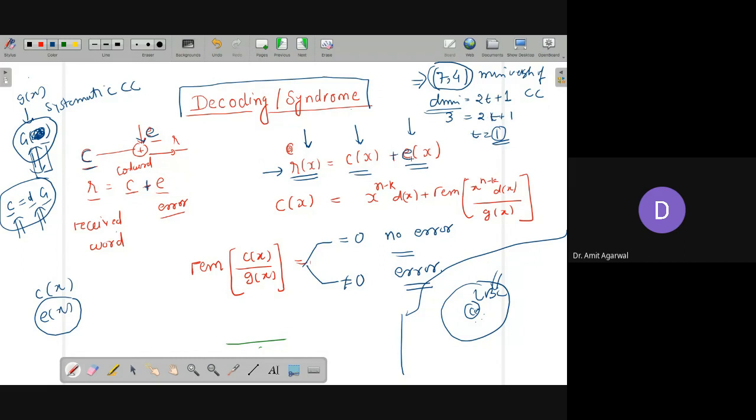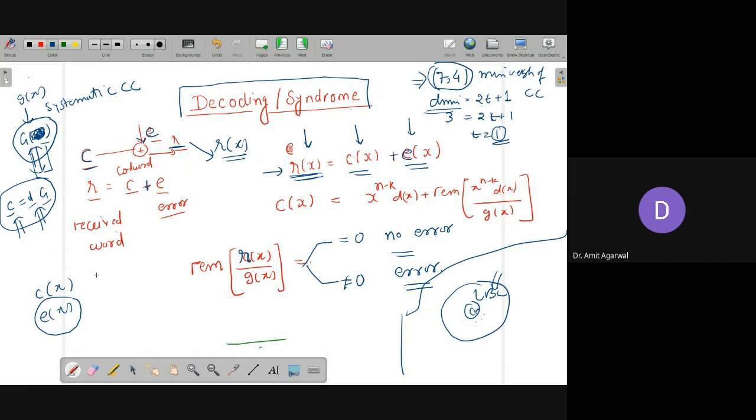So what we do, we first check the remainder of Rx by Gx. Whatever vector you receive, first you receive some R, okay? And you just make its corresponding Rx, that is easy, as I have told you.